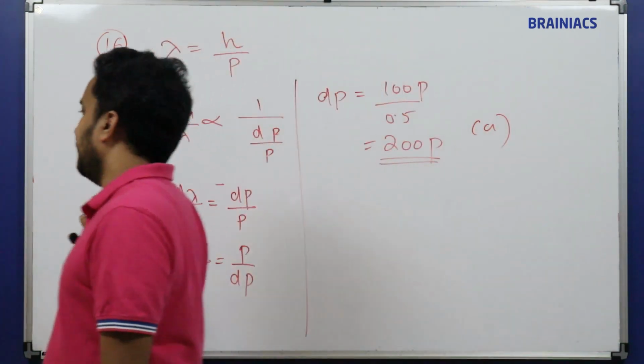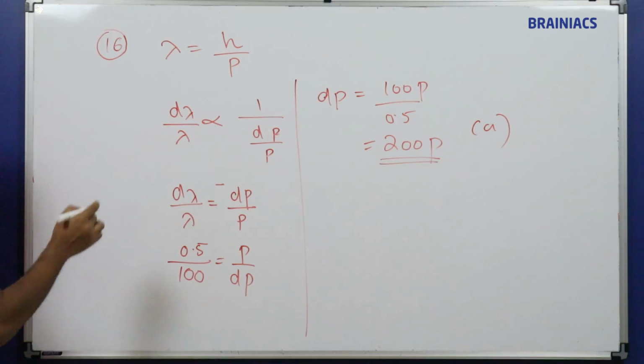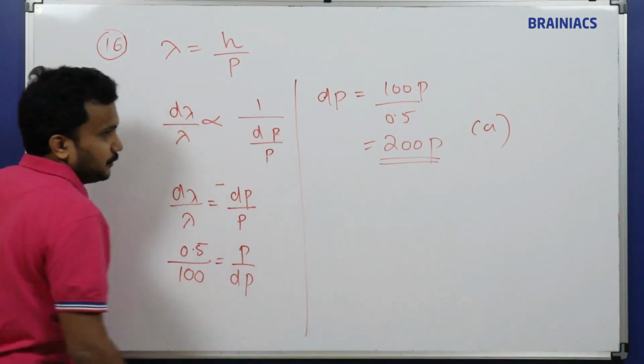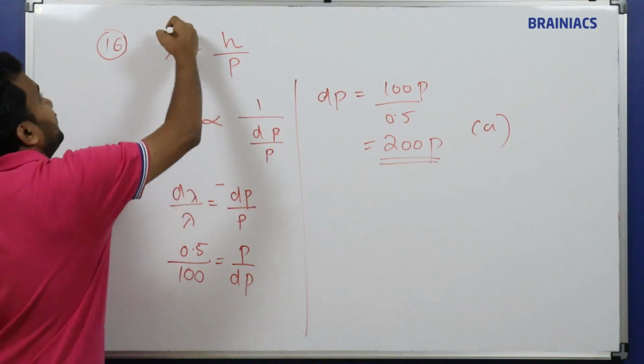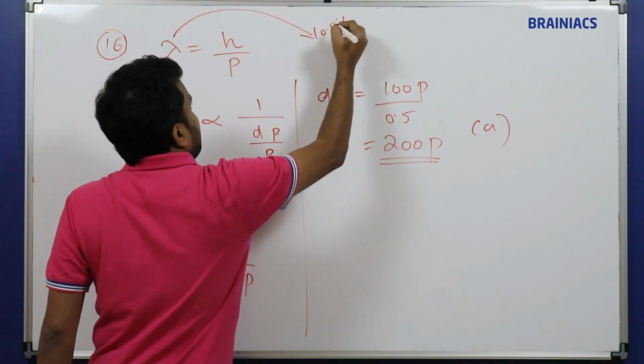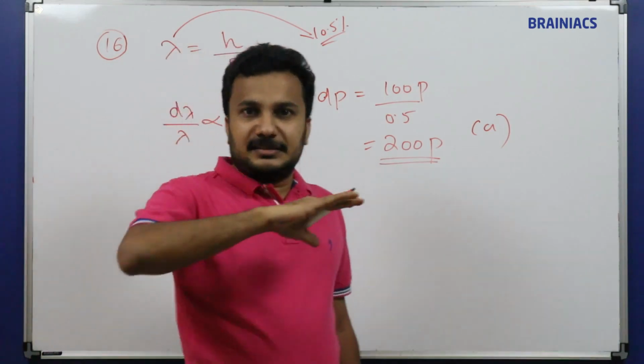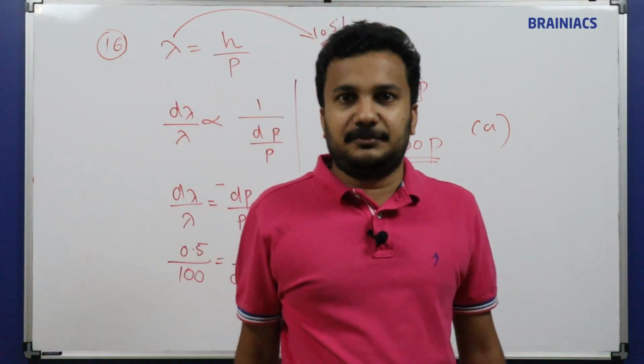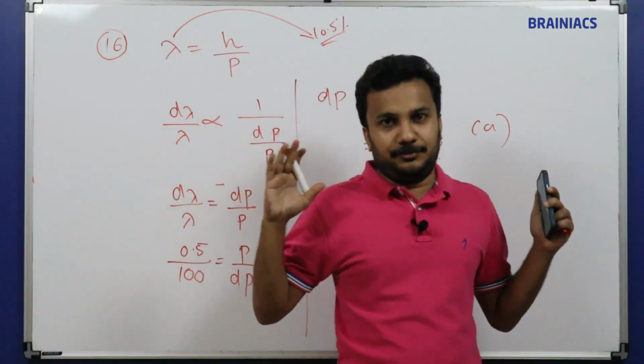In order to solve this one, I will tell you a simple concept. Without doing all this, in one click we can answer. See, lambda changes by 0.5%, which means it is cut into half.